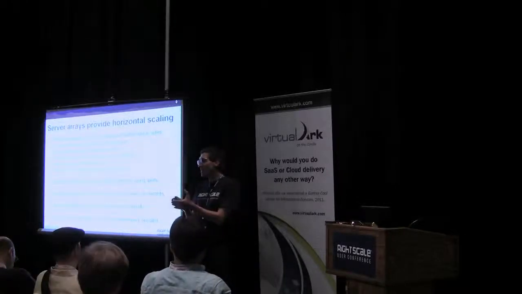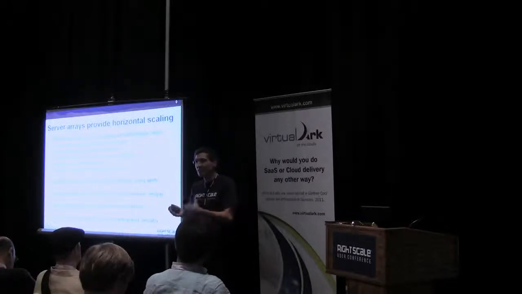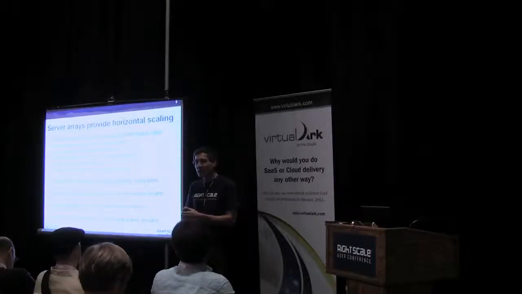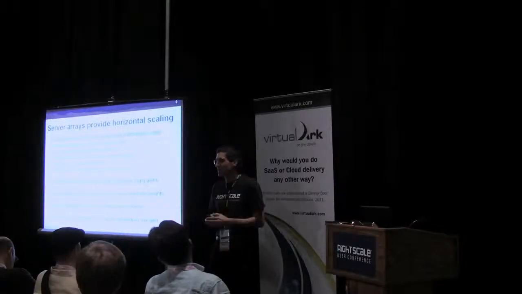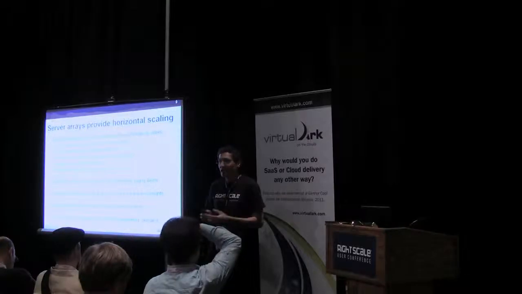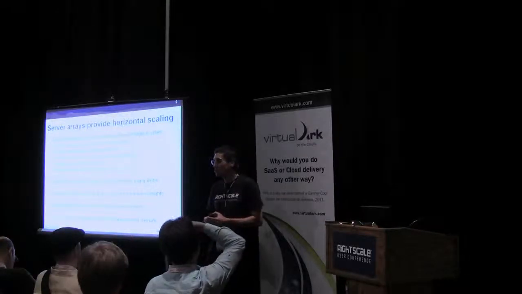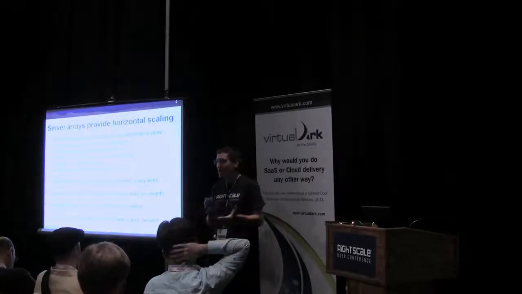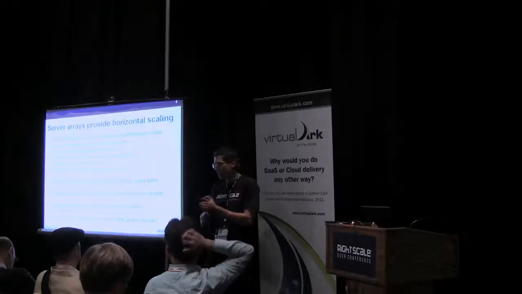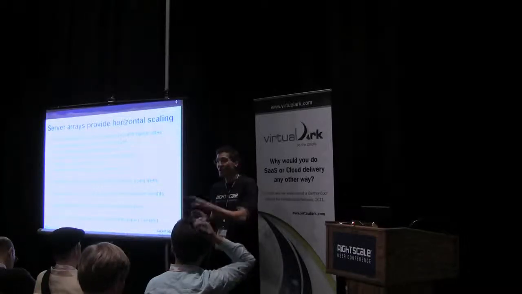Something that has been a recurrent theme this morning is what happened with Amazon with the outage, and how some companies were able to withstand the outage by deploying their servers in the right availability zones.